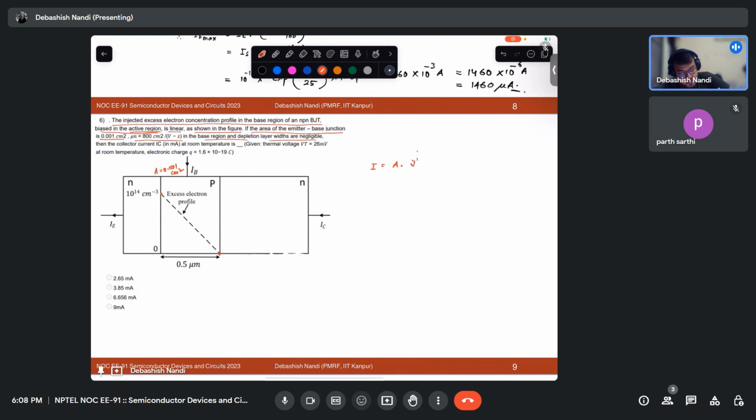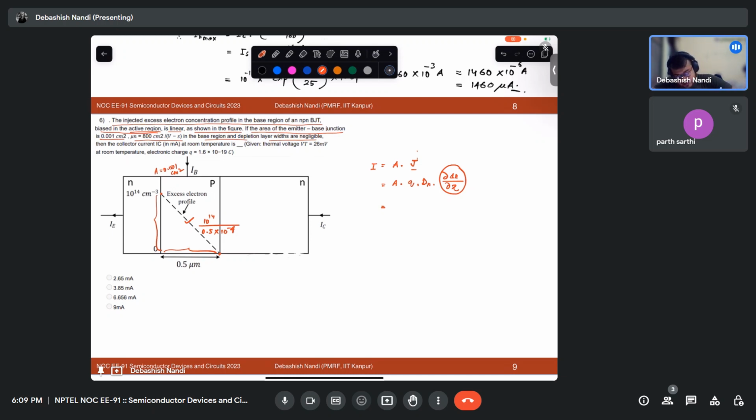Current is your area times J, the current density. So this current density is due to what? Due to diffusion. D times delta n over dx. So what is this quantity? This is nothing but the slope of this profile. What is the slope? That is 10 raised to 14 by 0.5 into 10 raised to minus 4. This height over this base is the slope, and the slope is constant throughout x.